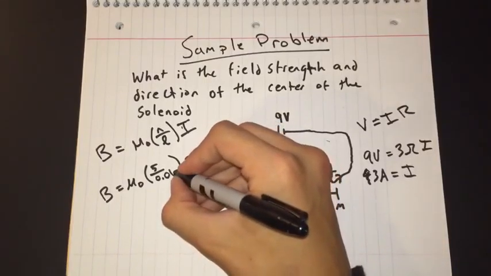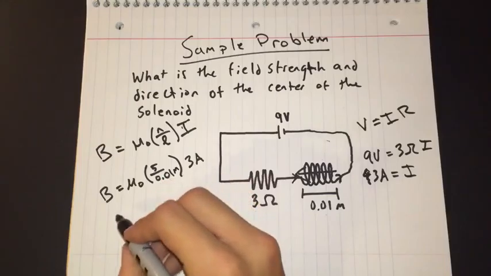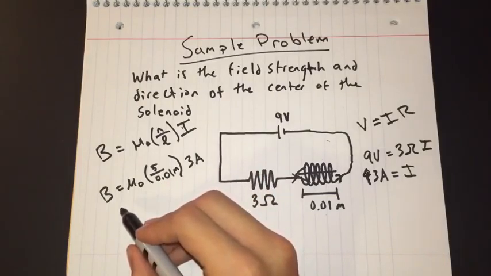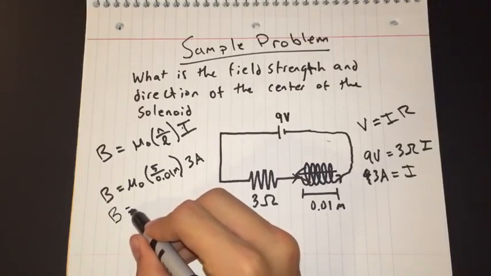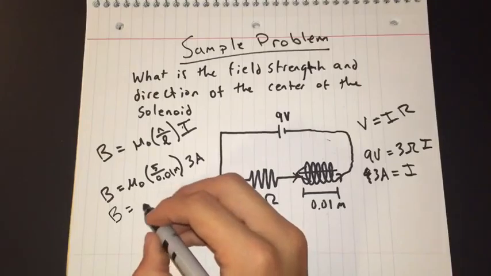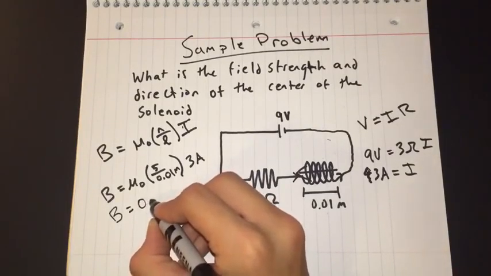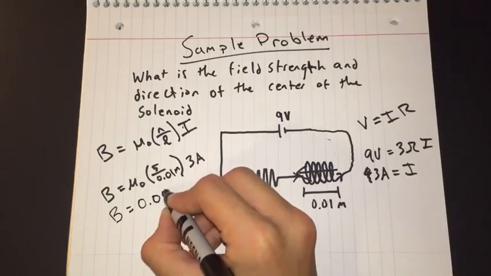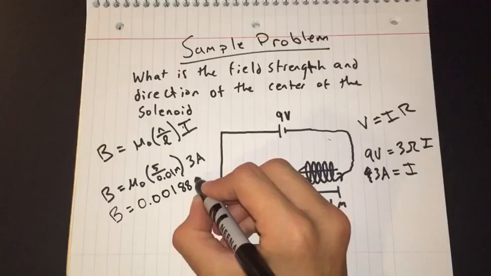So now at this point, all you can do is plug this into your calculator, and there's nothing really that you can do wrong except for punching in buttons. And if you get the right answer, you will come out with 0.00188 Tesla.